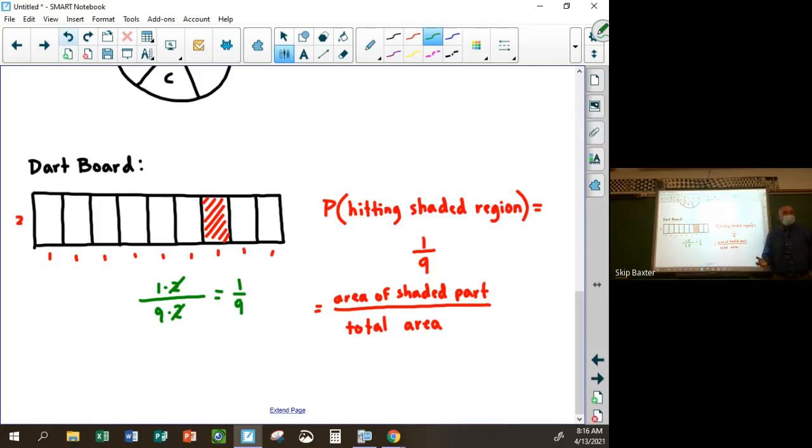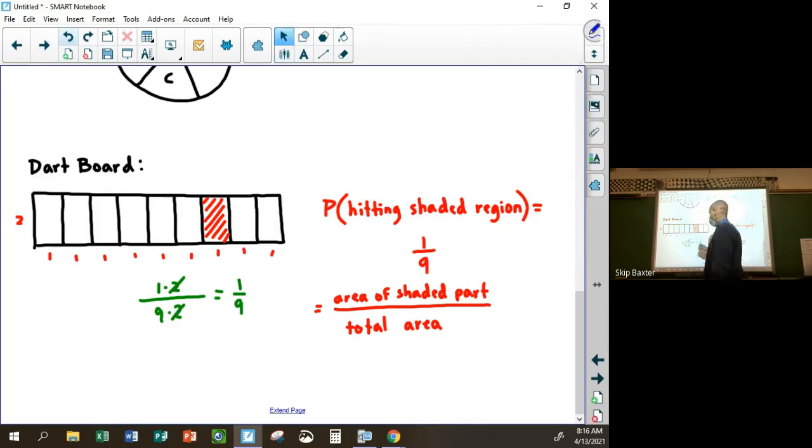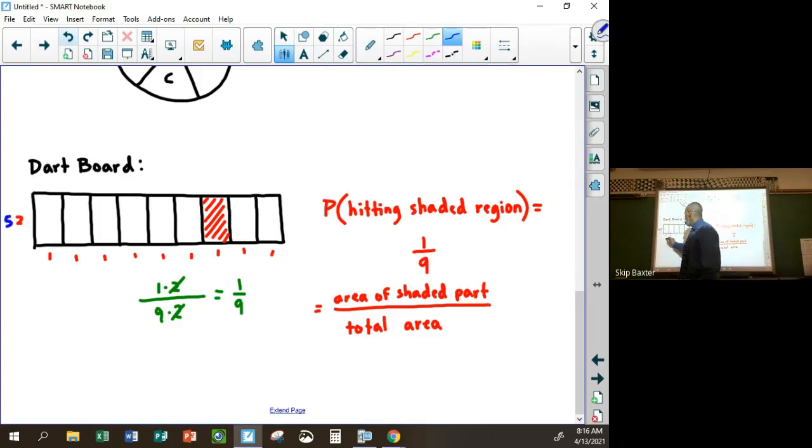But it actually really didn't matter what the lengths of the sides were. I could have said, instead of 2 and 1, what if this is 20 and 10? Or what if this is 5 and 3? It would have come out the same way, right? Like, for example, what if I said this was 5 and these are all 3, right? Well, what would the probability have been then?